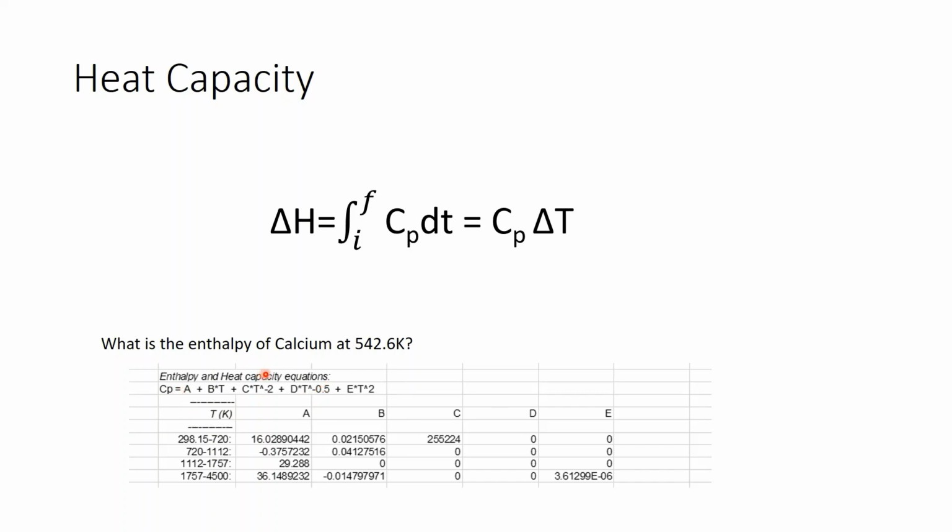This is the enthalpy equation, and we have this form, and I'll talk about the form a little bit more. There's different equations for different temperature intervals. These temperature intervals are denoted by the phase change. So we know at 720 there's the alpha to beta transition of calcium. We're at 542.6 K, so we want to use this first equation, or the coefficients to fill in our equation rather.